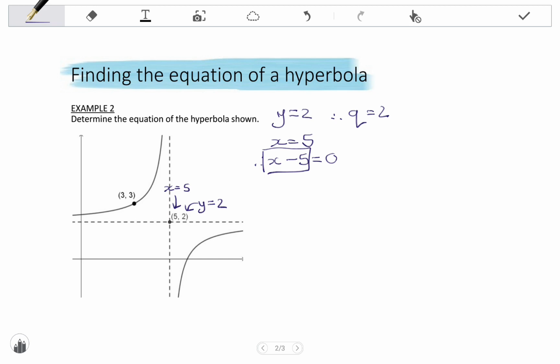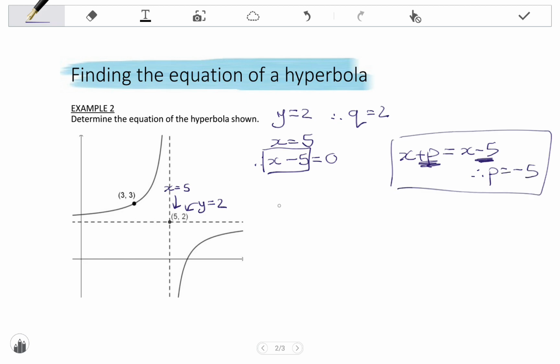And if I needed to find the value of p, if x plus p is the denominator, then my p would be negative 5. But we are not really asked for that here. Okay, so I know the q value and I have the denominator, so I can write out what I know so far. y equals a over x minus 5 plus 2.